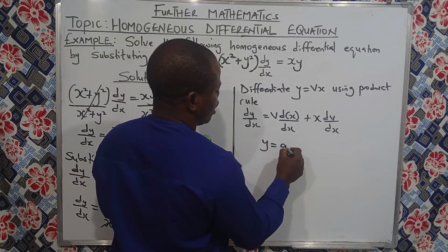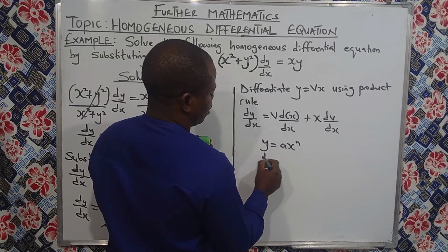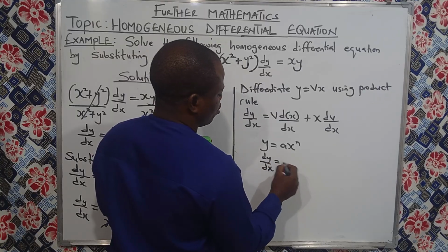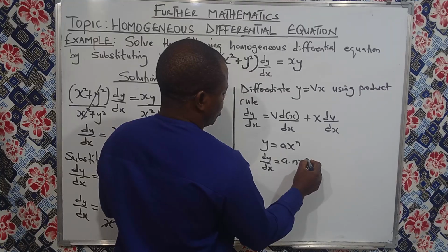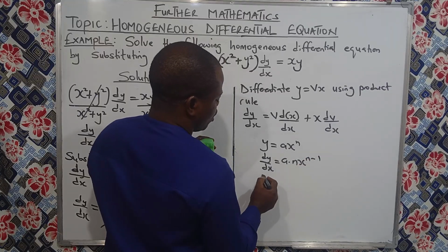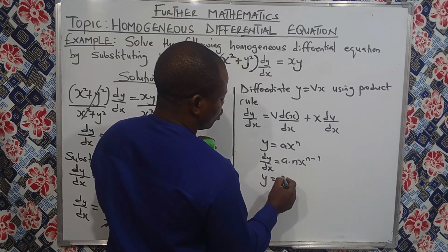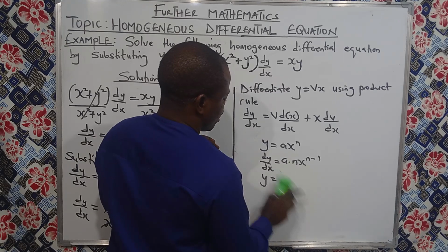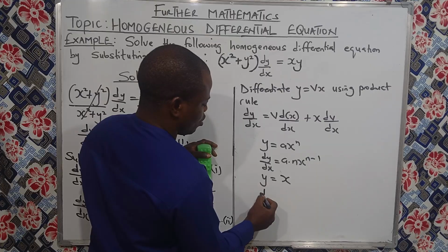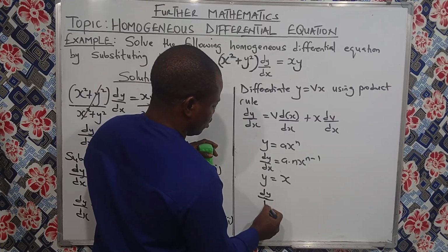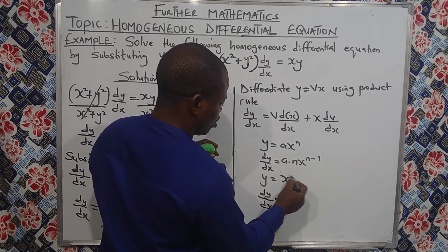Y equals ax raised to power n, dy over dx equals a times n x raised to power n minus 1. Now, when you have y equals x, and you differentiate it, we have dy over dx equals, this power will come to the front.